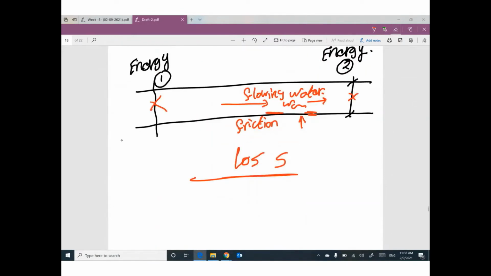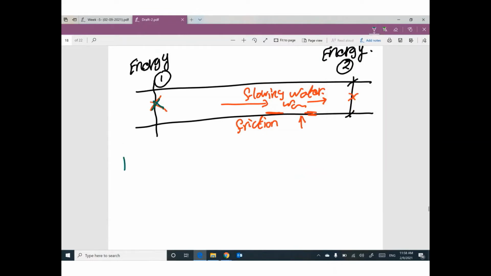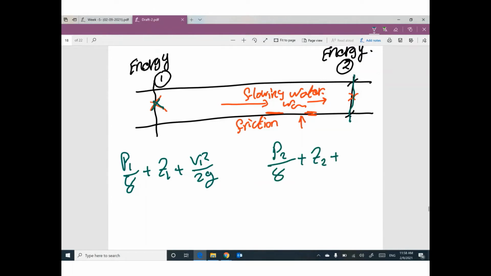If you are considering losses, the energy at section number 1 is P1 divided by gamma plus Z1 plus V1 squared divided by 2G. The energy at section number 2 is P2 divided by gamma plus Z2 plus V2 squared divided by 2G.